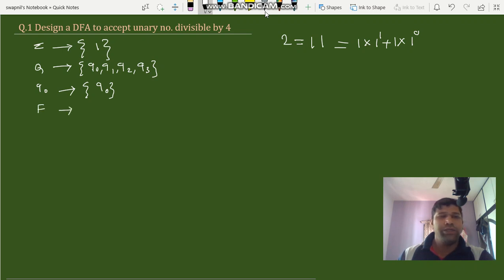Since we are designing a DFA to accept a unary number divisible by 4, the final state is the one with remainder 0. Remainder 0 means the number is totally divisible by 4. So q0 will also be our final state. Now we'll see how to design a state transition table for this problem.